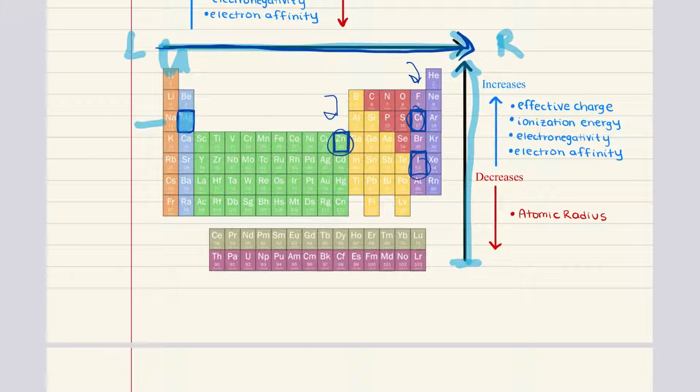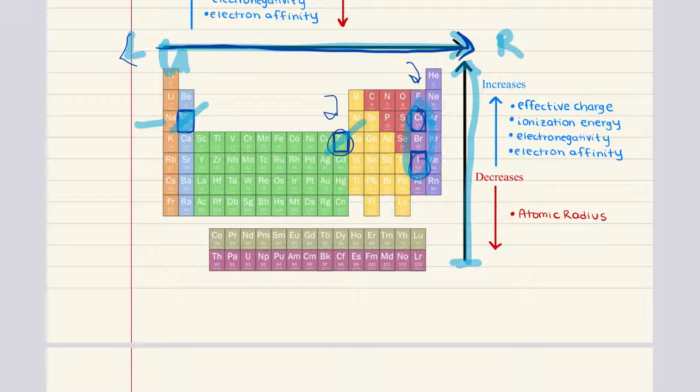Now halogens, this is really important. Remember that halogens are highly electronegative due to their strong desire to gain just one more electron and achieve a noble gas configuration. And keeping in mind our trend going from left to right increases electronegativity, chlorine and iodine are the furthest right here. So we're going to go ahead and cancel out zinc and magnesium as answer choices and really focus in on chlorine versus iodine.